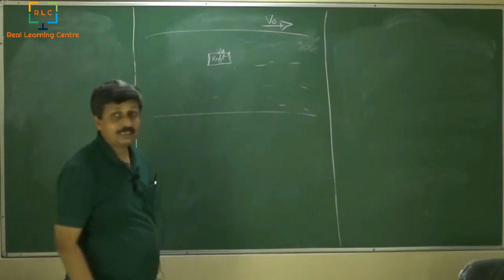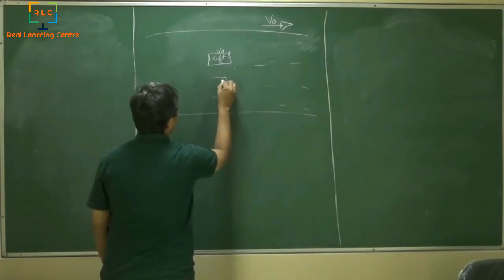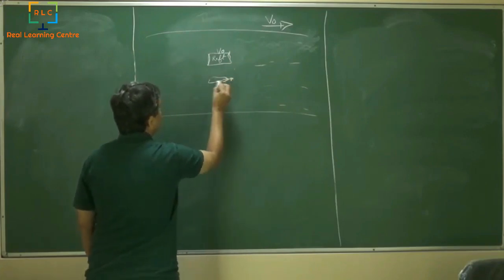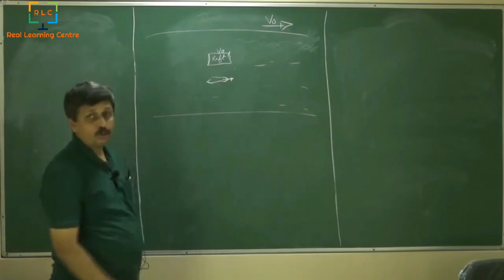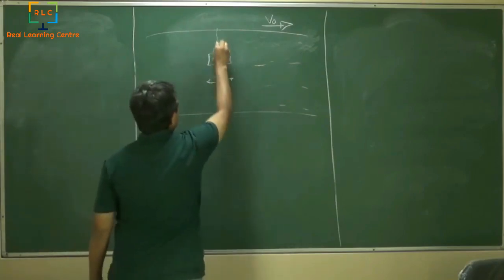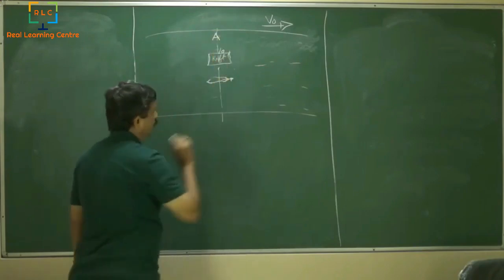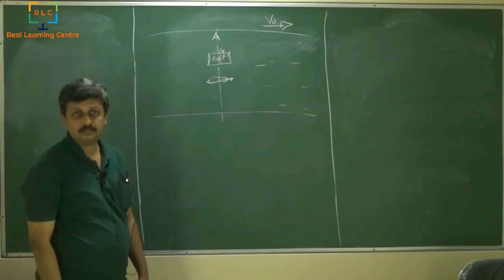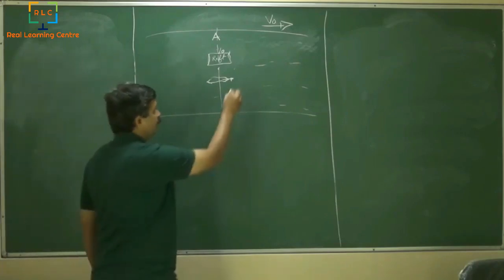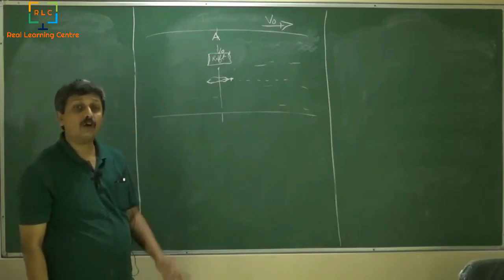So now there is a motor boat, this is our motor boat, and this motor boat overtakes the raft at some point A. This is the line A, and goes further. For how long?